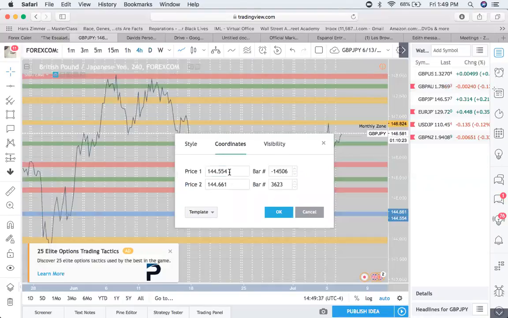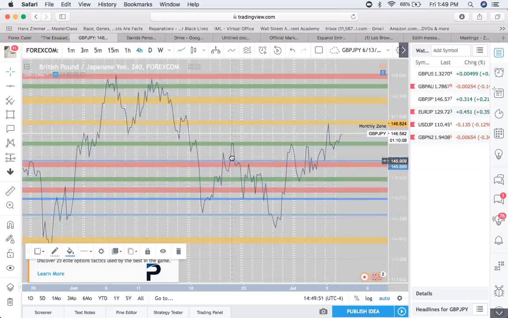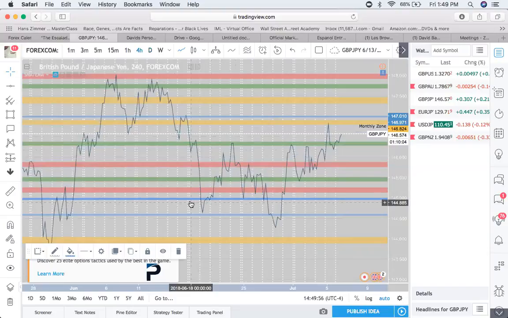So the difference is 3 to 4 pips. So I'll have it from 56 to 60. So that's a 4 pip range right here. And then you just copy and paste where you feel like the 4 hour is needed. I feel like it's needed over here.